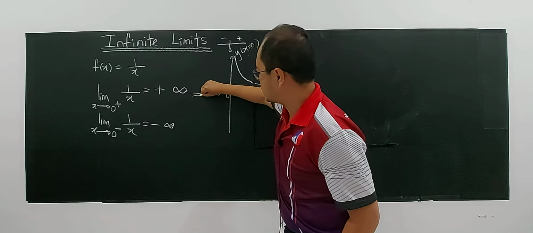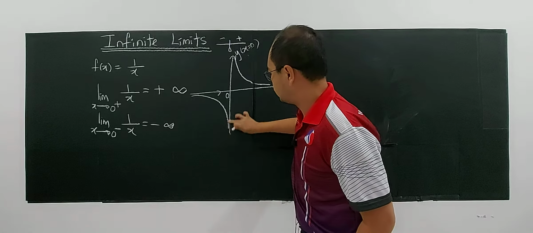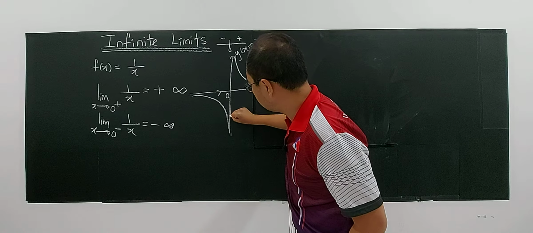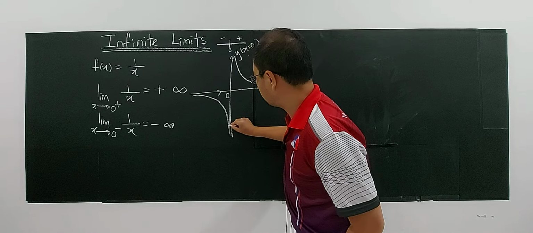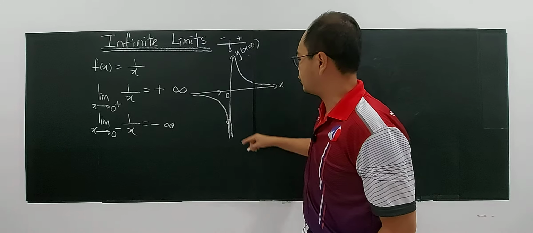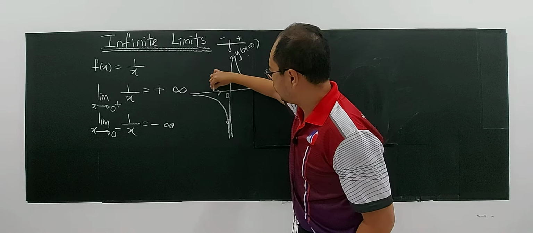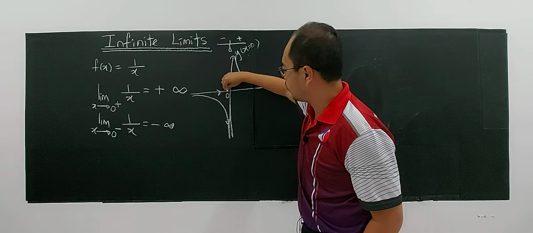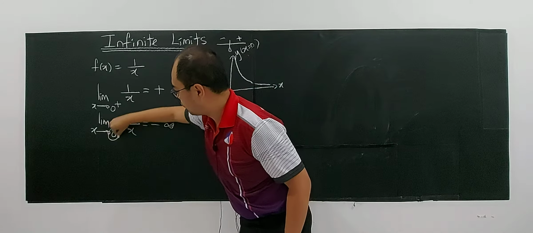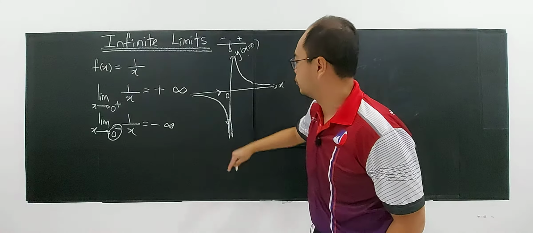As you memorized before, the shape of the graph will be looking like this way, right? It will be approaching and going to negative infinity, a very big negative number. So you see that at 0 minus, when you're going to 0 from the left, you are getting negative infinity, going down.